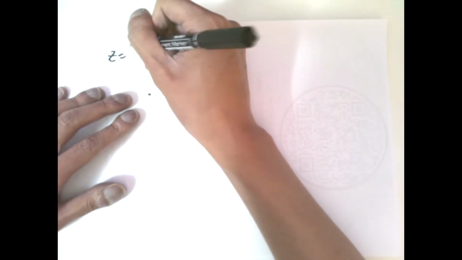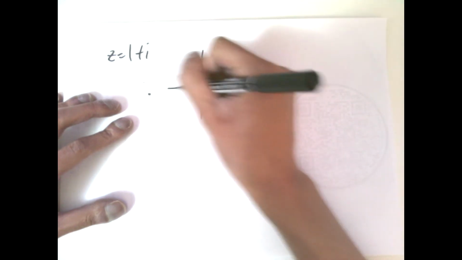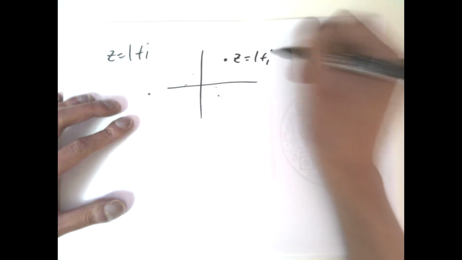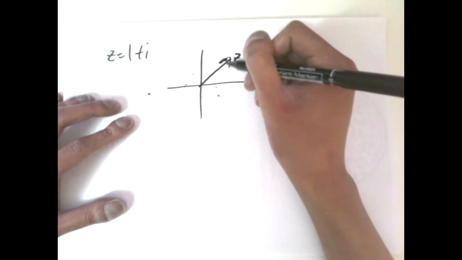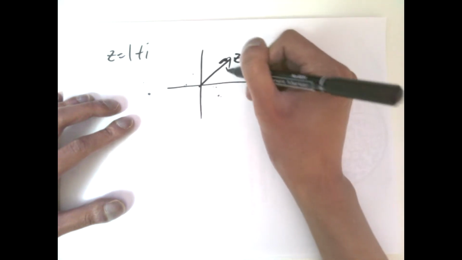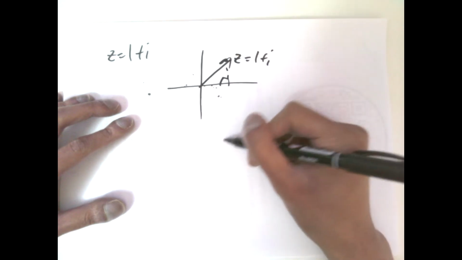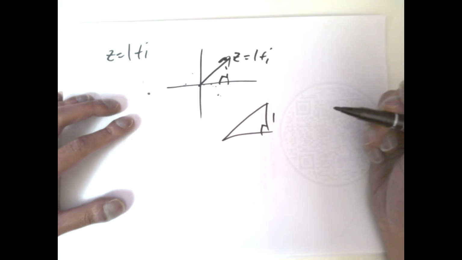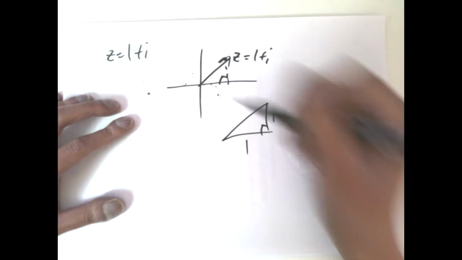Now, if we take a complex number again, z equal to 1 plus i, we can extract a very rotary form out of it. This right-angled triangle here, let's zoom in on it, is one up from the horizontal axis and one away from the origin.